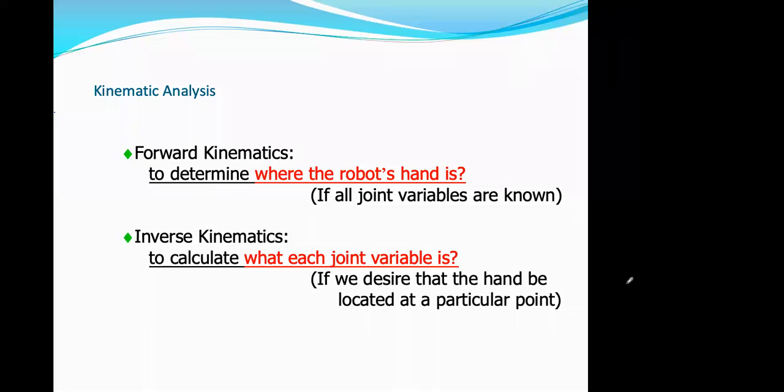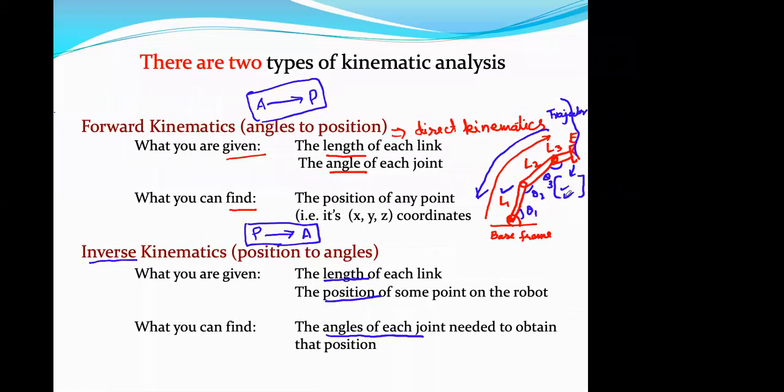Now, let us see what is being given. Forward kinematics is here to determine where the robot hand is. If all the joint variables are known, we have to know where the robot hand is. Whereas in inverse kinematics, we have to calculate what each joint variable is. So if we desire that the hand be located at a particular point, I think we have given this example, and this example is quite clear to provide you all such kind of information.